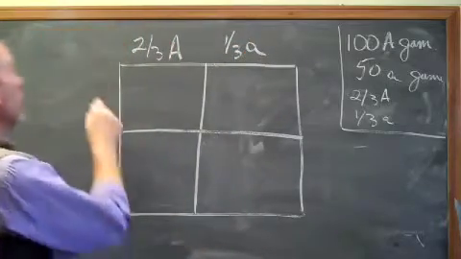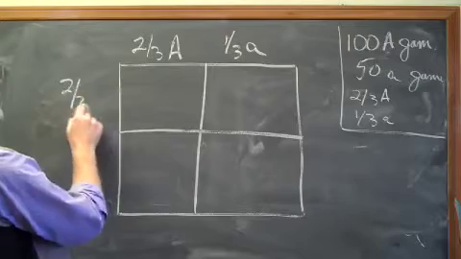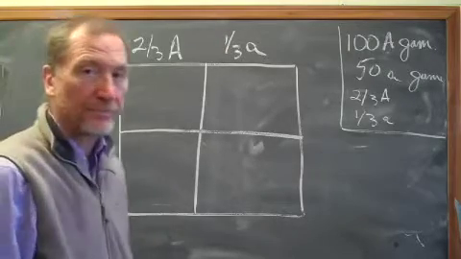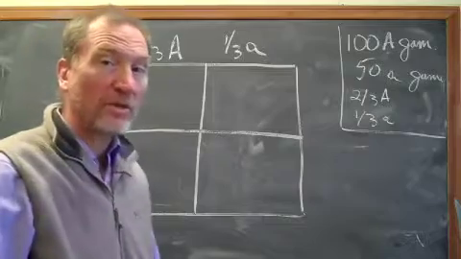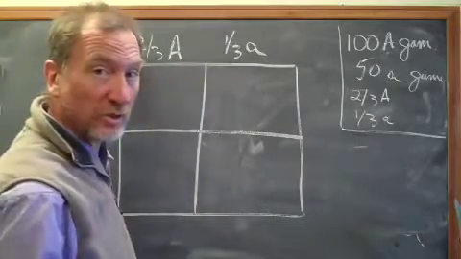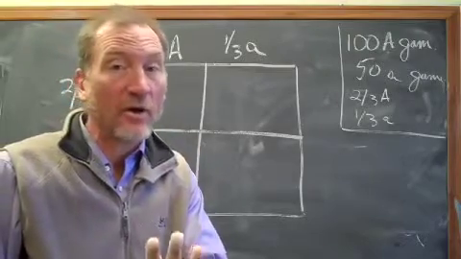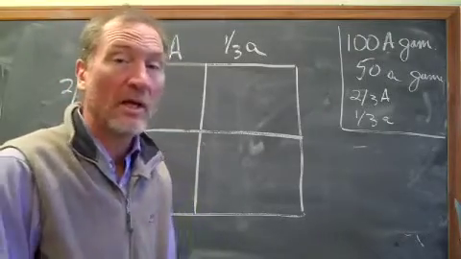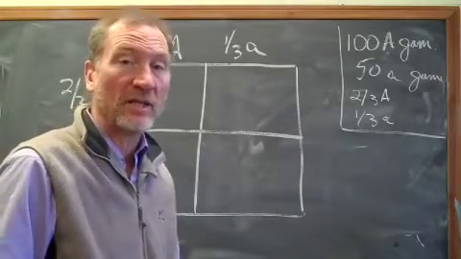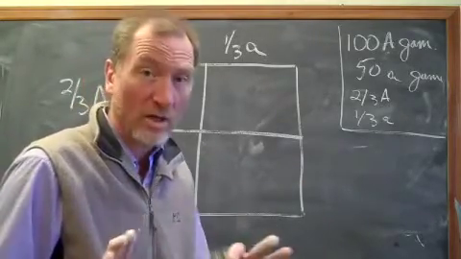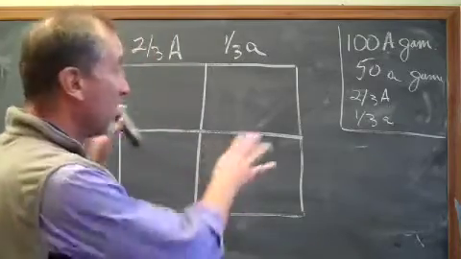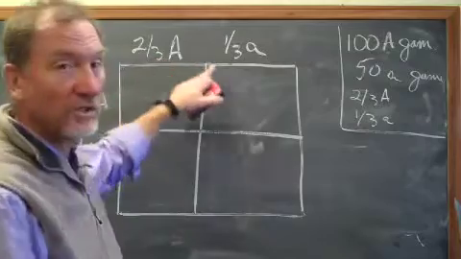And the eggs, 2/3 big A, 1/3 little a, same. This Punnett square is a little different than you've seen before because we have frequencies here as well. The reason we didn't see that earlier when we were doing the Mendel Punnett squares is the frequencies of the different gametes of the different alleles were the same. It was all identical, so we didn't need to show the frequencies. Here they're different, and so we need to show them.